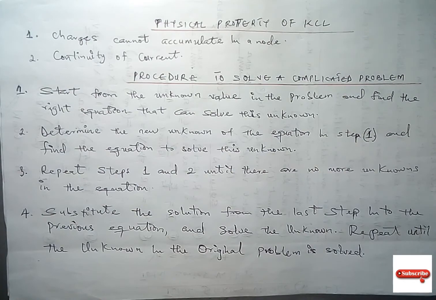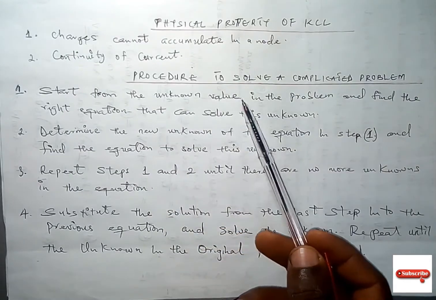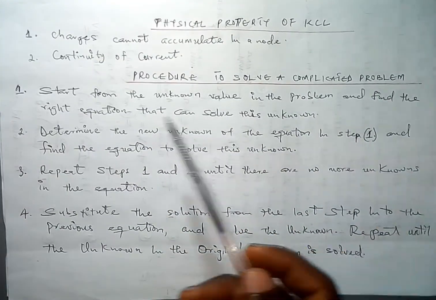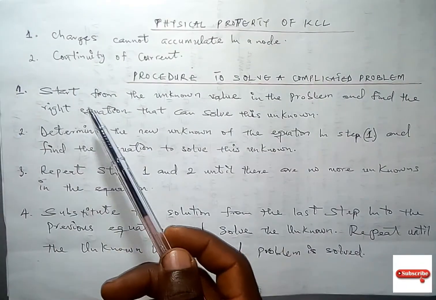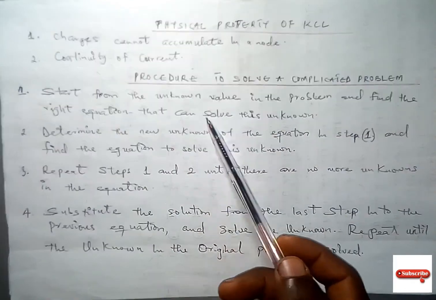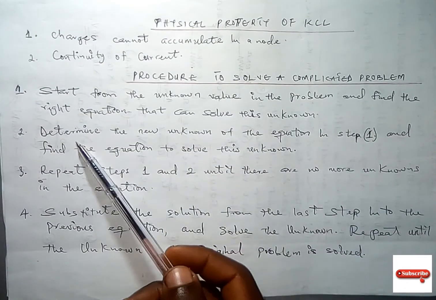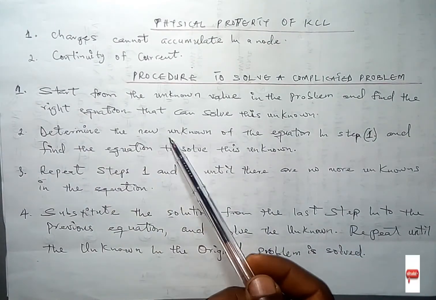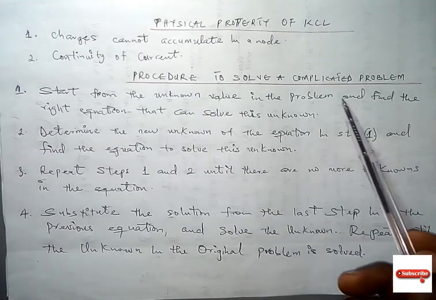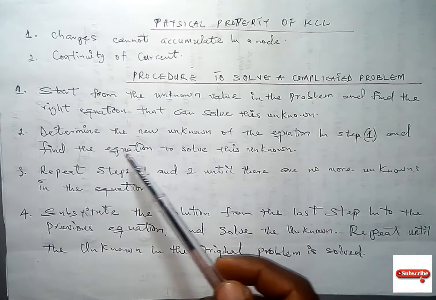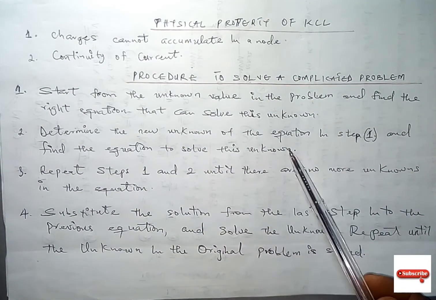The first step is to start from the unknown value in the problem and find the right equation, which is the one we got from the first method and the second method we talked about earlier, that can solve this unknown. The second step is to determine the new unknown in the equation from step one, and find the equation to solve this unknown.